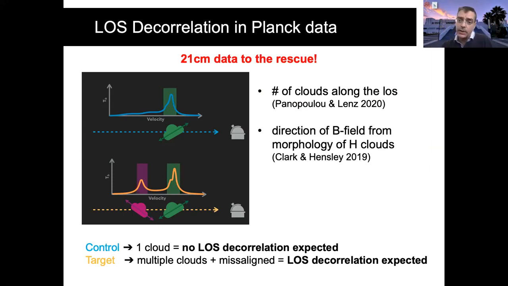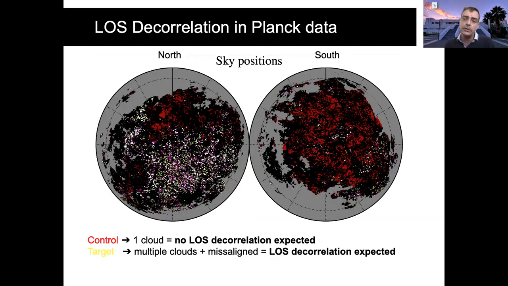These locations make up our target sample, while the sightlines that intersect only one cloud, and thus you don't expect any line of sight frequency decorrelation there, make up the control. So we have a target and a control, and this is the location of the corresponding pixels on the sky. The red pixels belong to the control and the whitish pixels to the target sample.